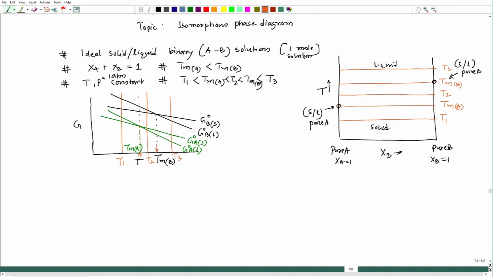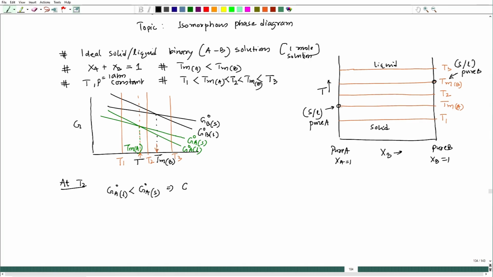Now, at T2, let us take the reference point. At T2, we see that for A, G A naught liquid is less than G naught A solid. That lets me assign 0 value to pure A liquid.